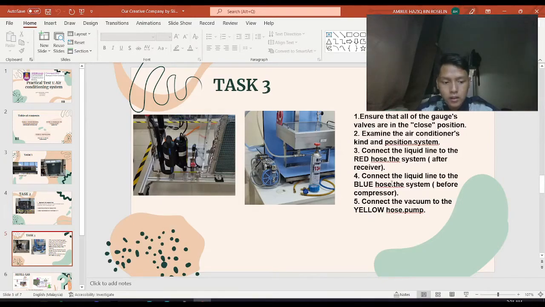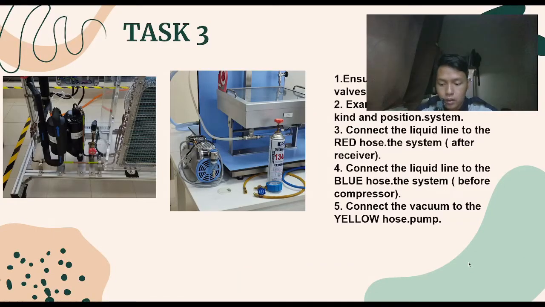So let's go on to task three. Task three is about, first part here, demonstrating the proper steps of refilling new gas to the air conditioning system with proper sequence.